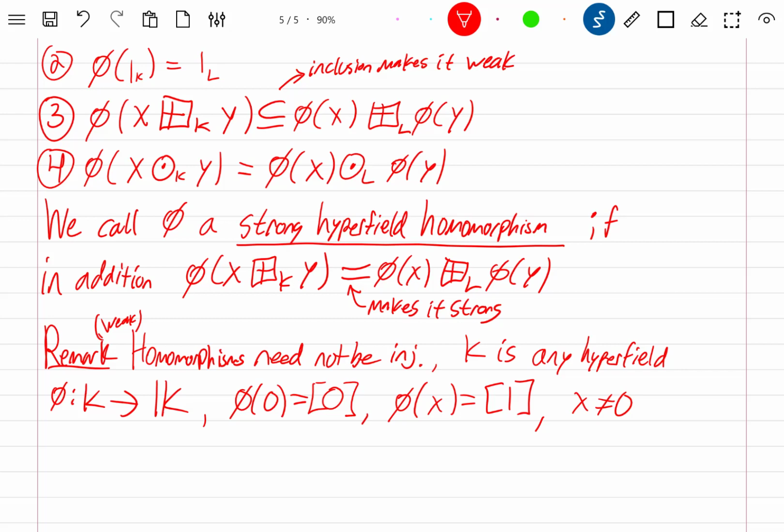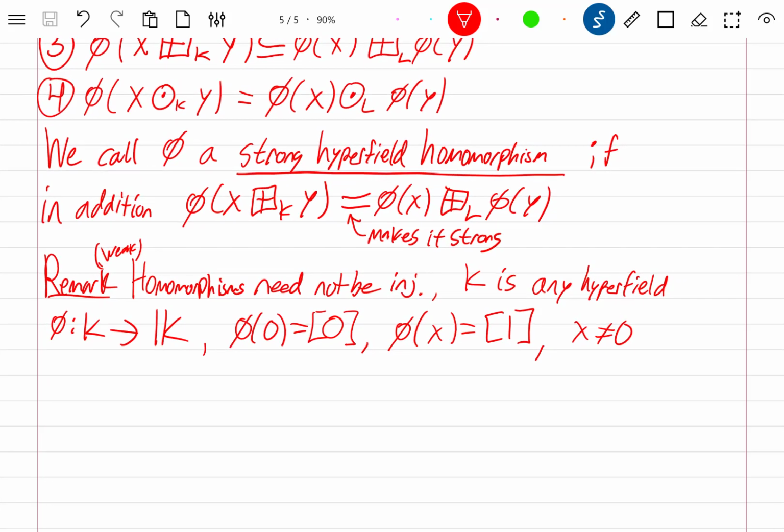So these weak homomorphisms don't need to be injective, which already makes hyperfields a bit more strange than fields.